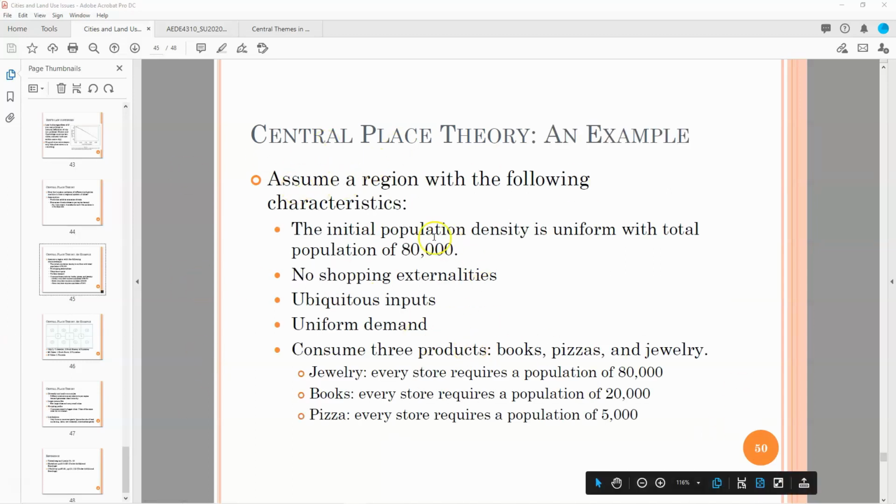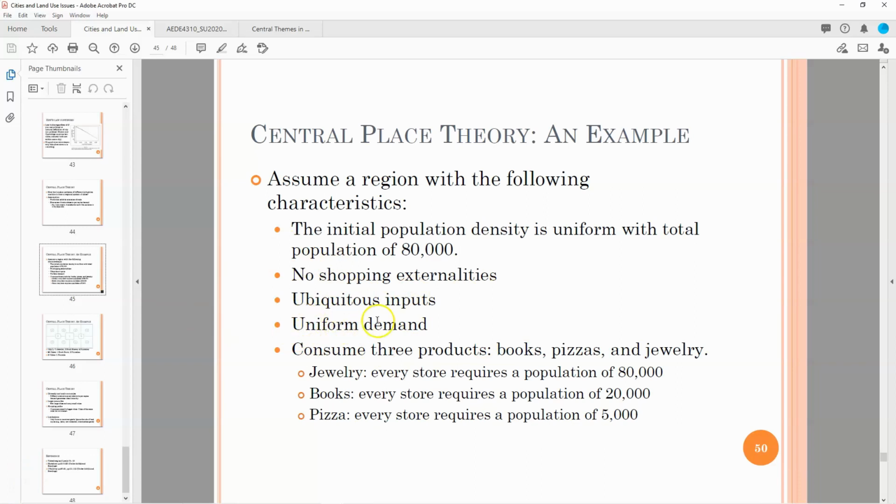And here is an example of central place theory. Assume a region with the following characteristics. The initial population density is uniform with a total population of 80,000, and there are no shopping externalities, and the inputs are everywhere.